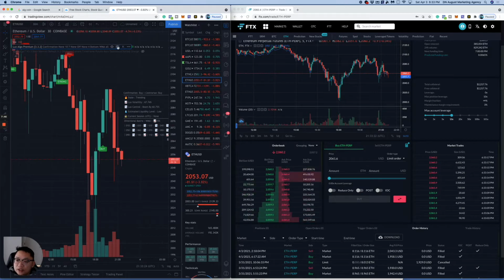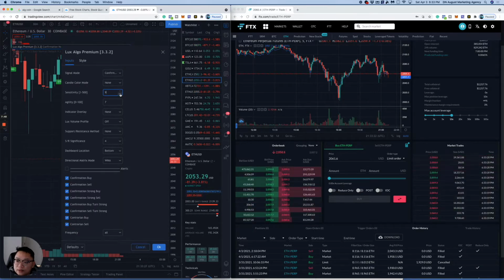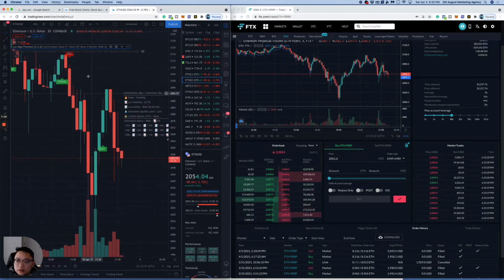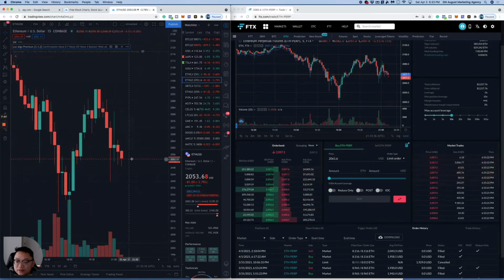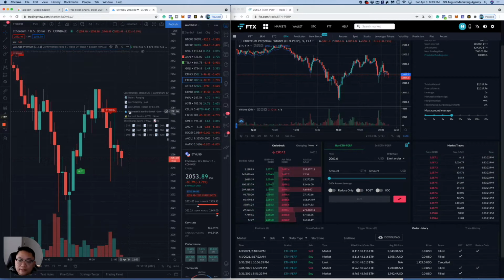However, in this chart, I will lower this a bit because I am trading in this very volatile, fast-paced environment of leverage trading. So let's just go to the 15-minute window here, and I'm looking to literally get in at a good price here.